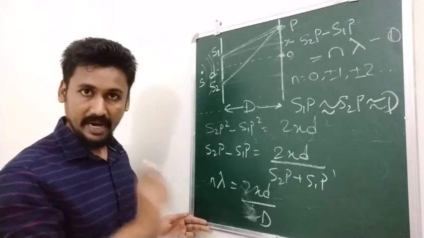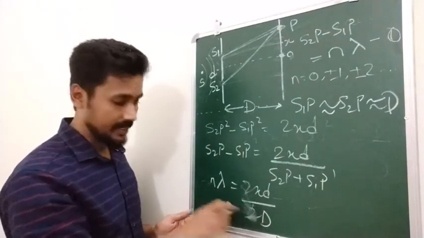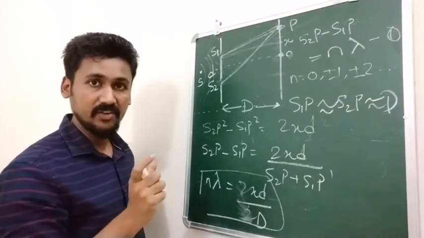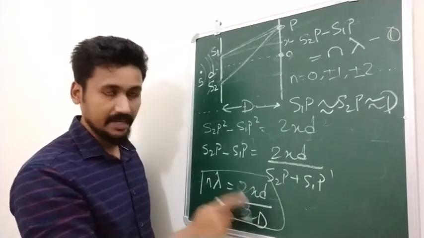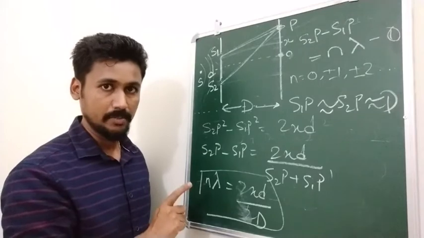So you get path difference n lambda equal to xd by capital D. So at the point P, the path difference between the two waves will be given by this equation, xd by D. Now remember this path difference, we are going to use it in the next formula.